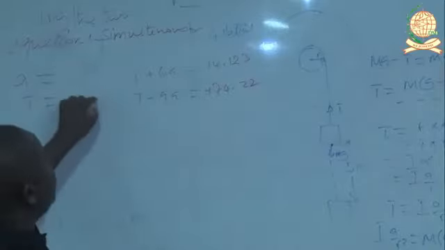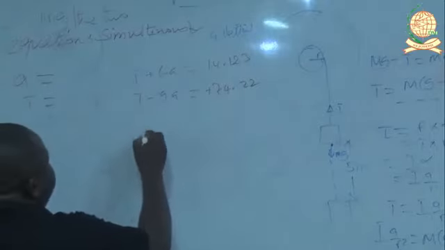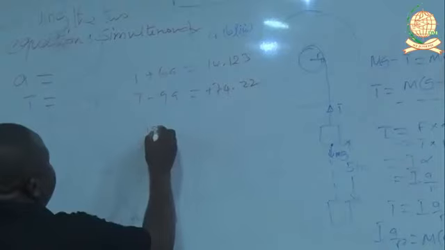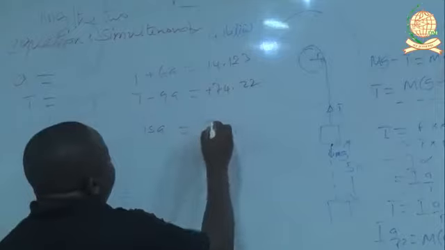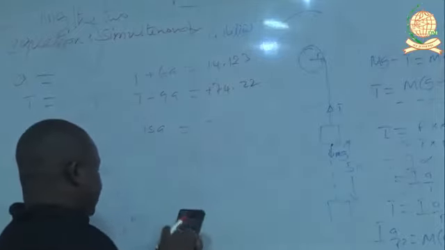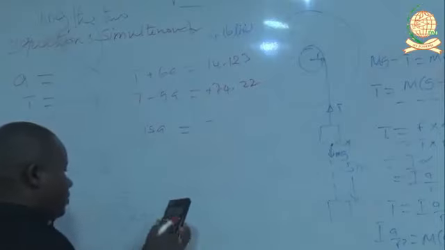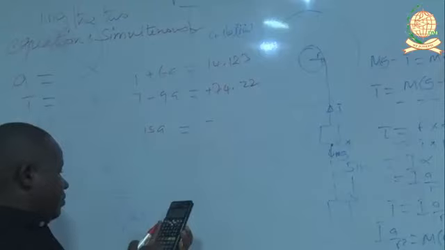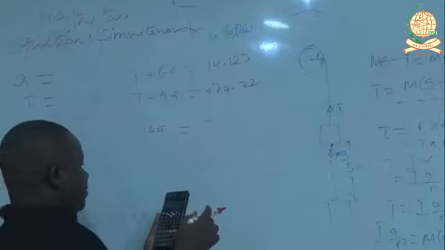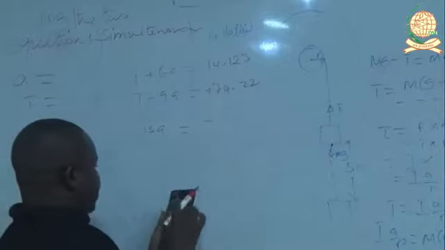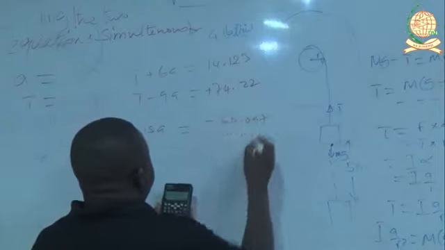Or if you subtract these equations, you get 15a equals to negative 60.097.